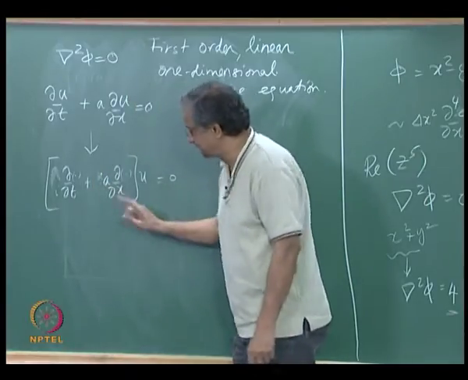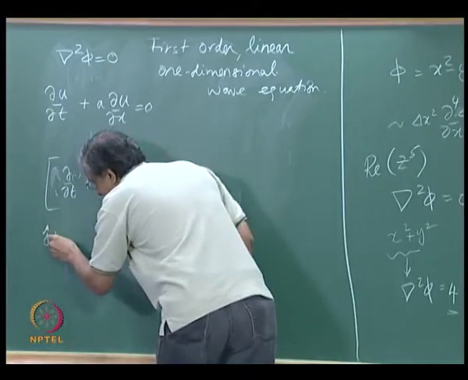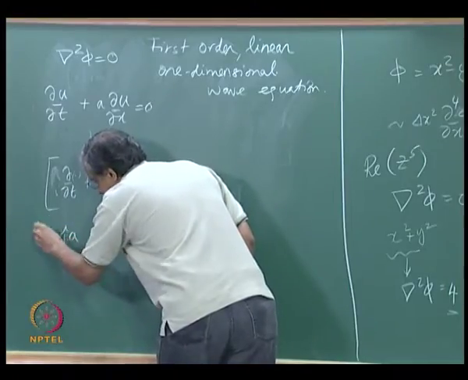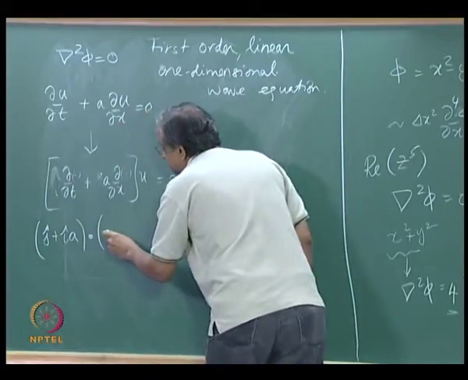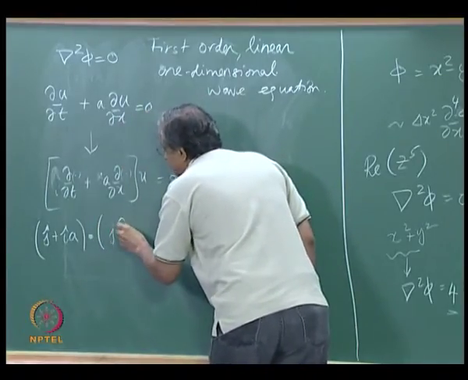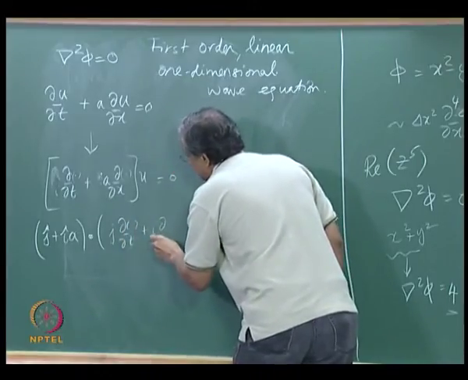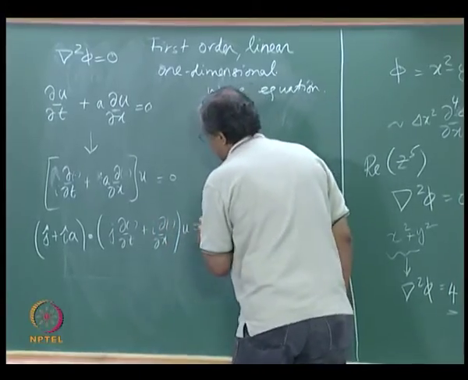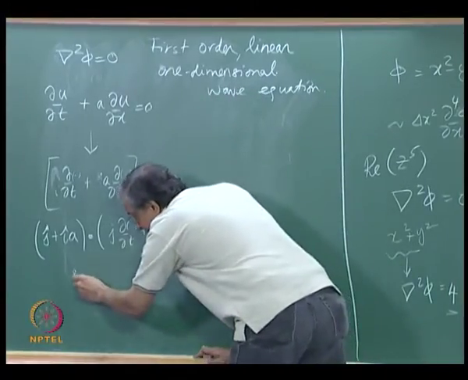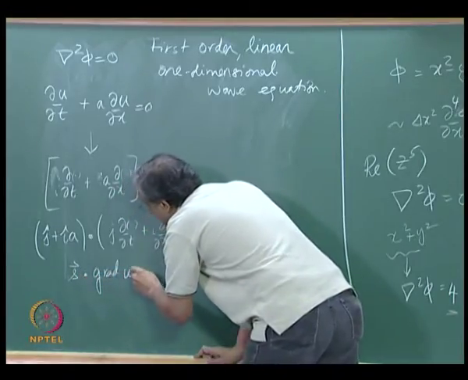I can split this as (j plus i a) dotted with (j dou by dou t plus i dou by dou x) acting on u equals 0, which is of course some s dot grad of u equals 0.